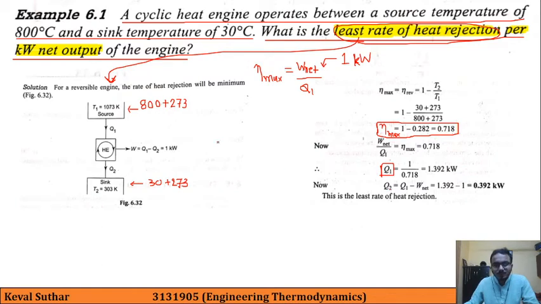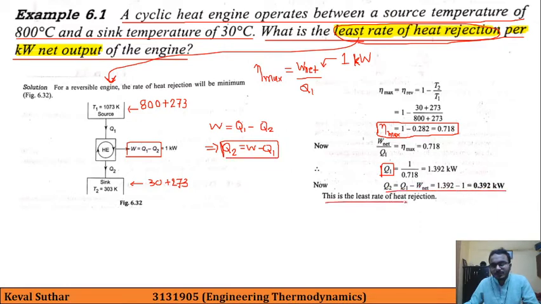So now based on this figure, W is equal to Q1 minus Q2. So if W is equal to Q1 minus Q2, then we can get the value of Q2 as equal to Q1 minus W. So while applying that formula we can get the value of Q2, that is the least rate of heat rejection.